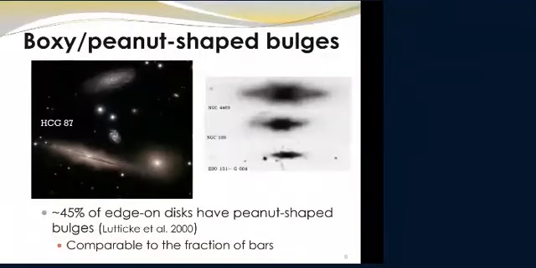Talking about boxy bulges, the boxy bulge is also very common in disk galaxies, but we can only detect them clearly when they are edge-on. These are some examples. This is a boxy bulge, this is also a boxy, peanut-shaped bulge, and the same thing here.